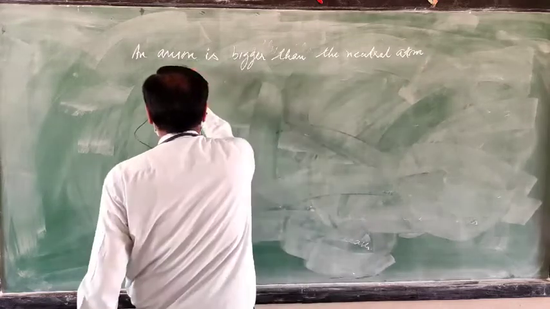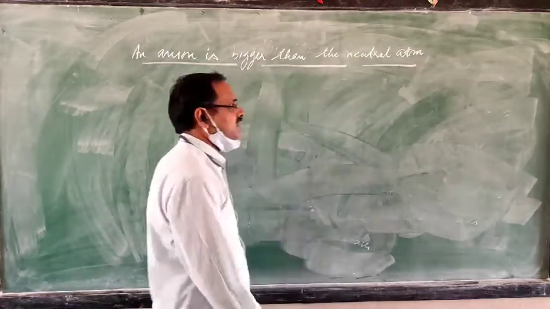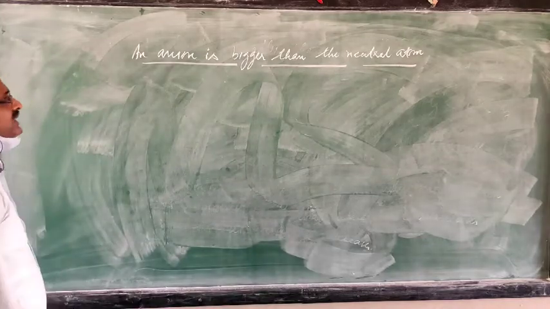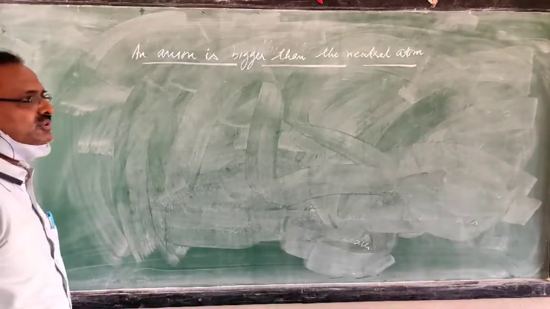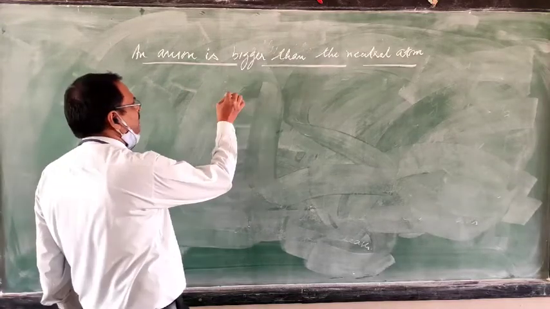Means the atom from which it is formed, the anion will be bigger than that neutral atom. So an anion is bigger than the neutral atom. So one example of how an anion will be formed.